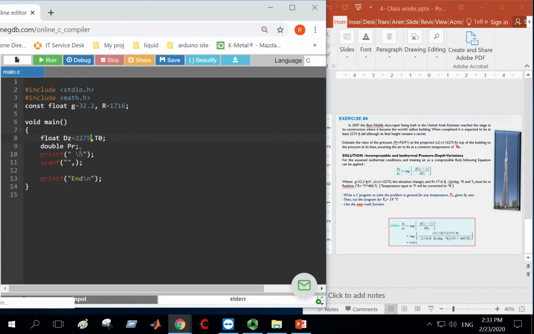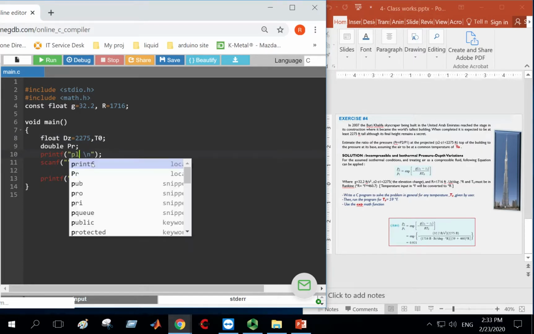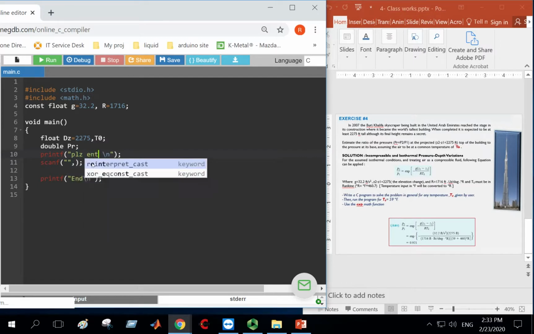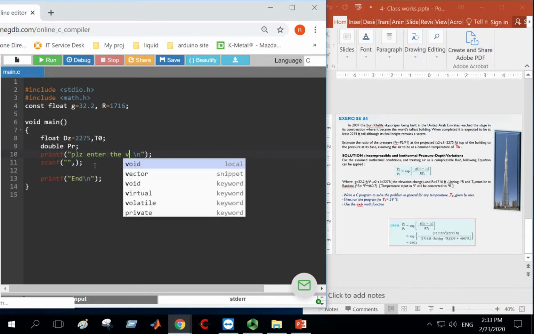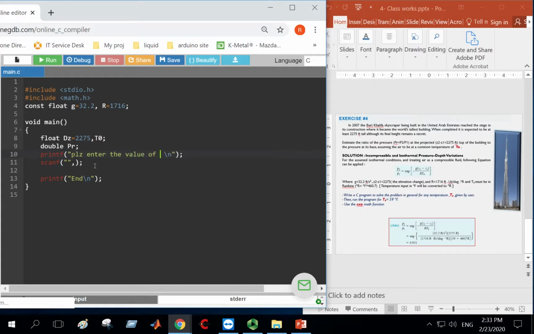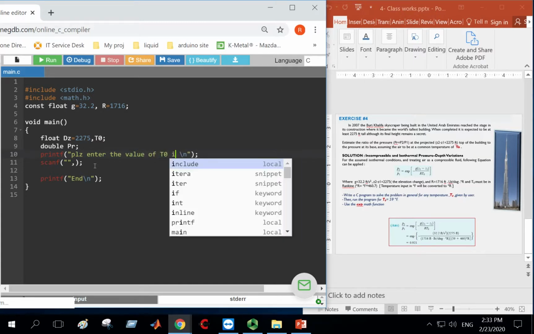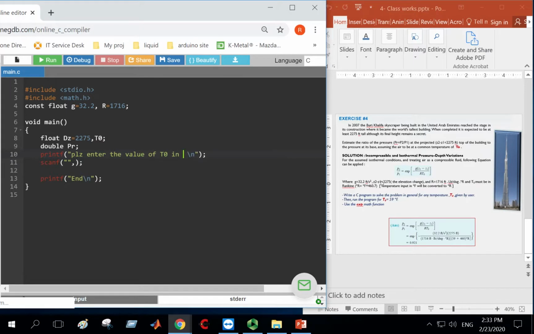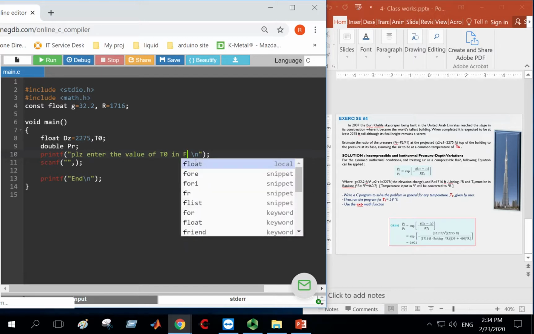Okay, and now we have to ask the user to enter the value of temperature. So please enter the value of T0 in Fahrenheit degrees.